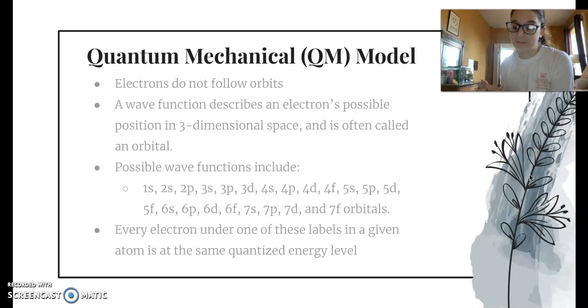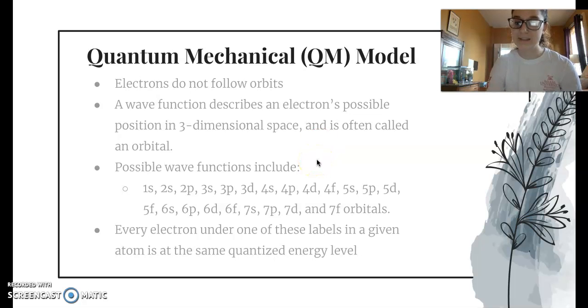Every electron within a given subshell of an atom, which is 1s, 2s, 2p, is at the same quantized energy level. So electrons do not follow perfect orbits like the shell model kind of predicts. A wave function describes an electron's possible position in 3-dimensional space, which is now what we call an orbital instead of a shell.